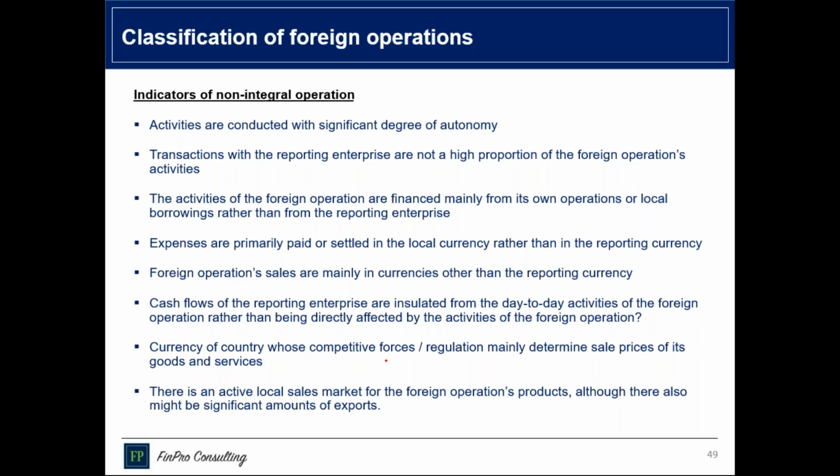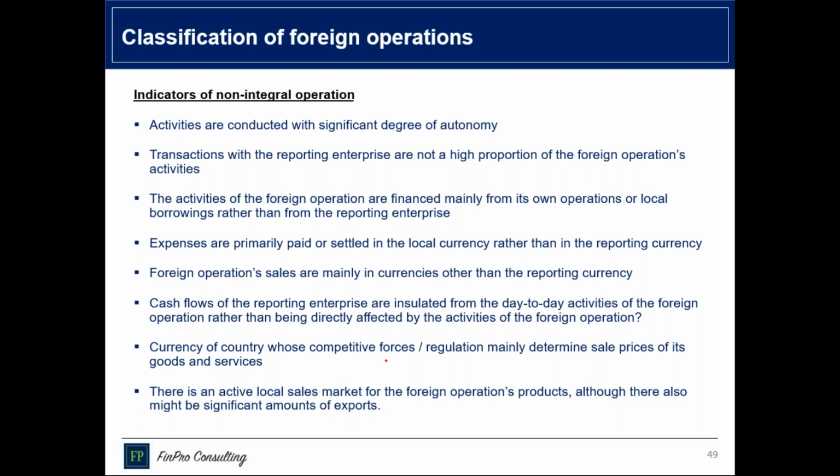Whenever the sale proceeds come to the foreign operation, they are again given back to the reporting entity on an immediate basis. So the reporting entity's cash flows are dependent on the foreign operation. They are not insulated. In that case, it is an integral operation, otherwise vice versa.